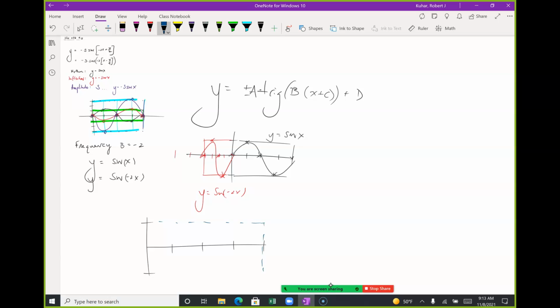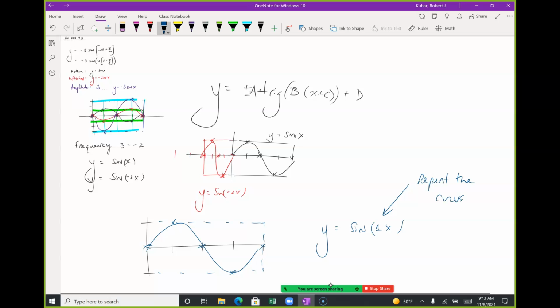So if I look at just my plain old sine x curve, right? This has a frequency of 1. So y equals sine of 1x says repeat the curve once in the period of 2 pi.